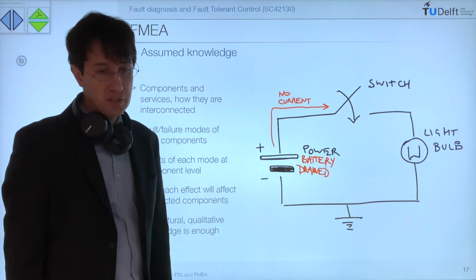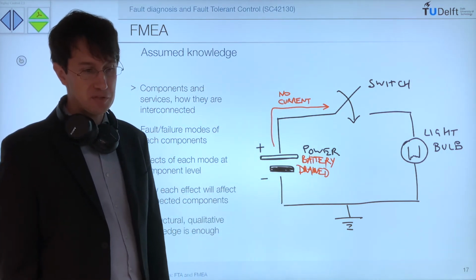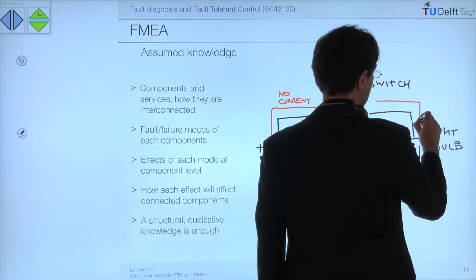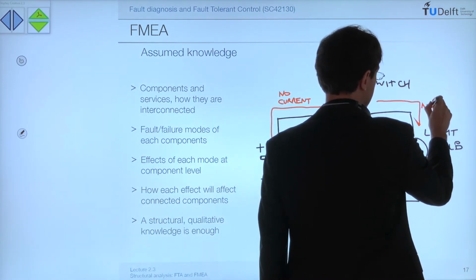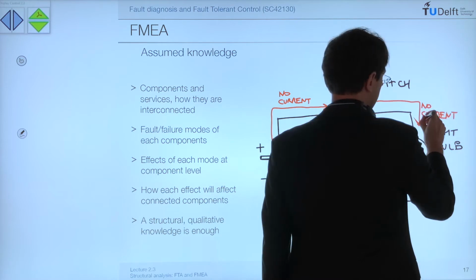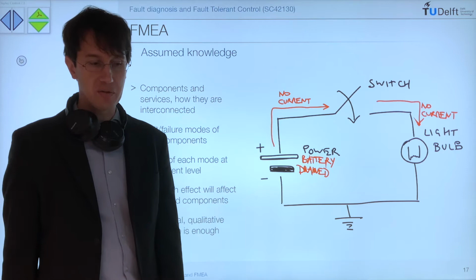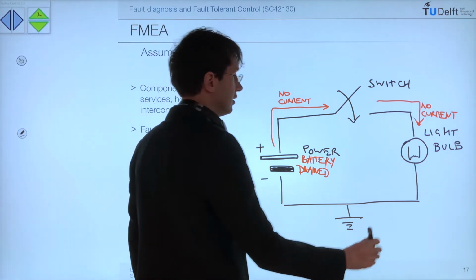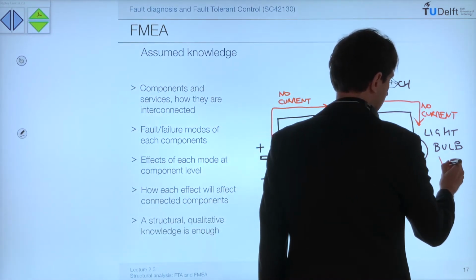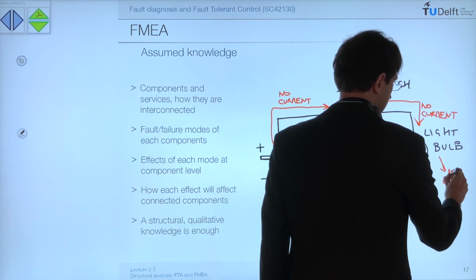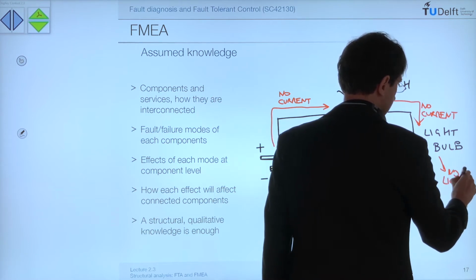If we have no current at the input of the switch, we have no current at the output anyway. And if we have no current out of the switch, we have no current going through the light bulb, so we have no light. And this is the final effect at the system level.